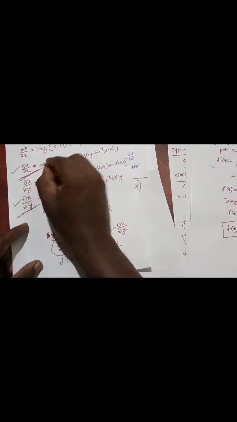So this is our dou v by dou y, plus i into, what is our dou v by dou x?